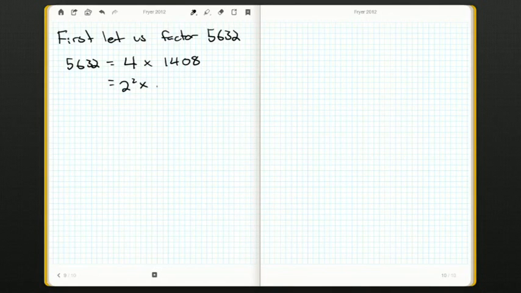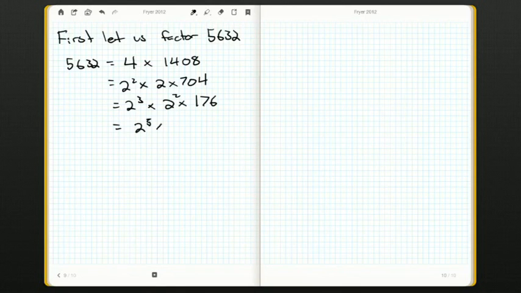And then we have another factor of 2 here. Get 704. Another factor of 2 here. In fact, we get a factor of 4 here, because it ends in a multiple of 4. We're left with 176. Okay.